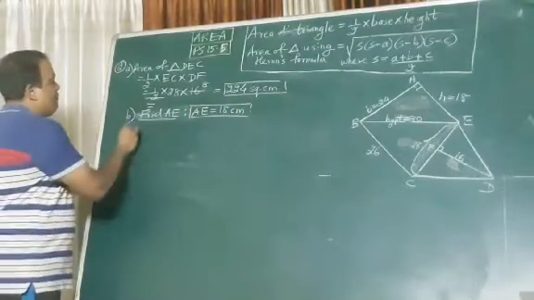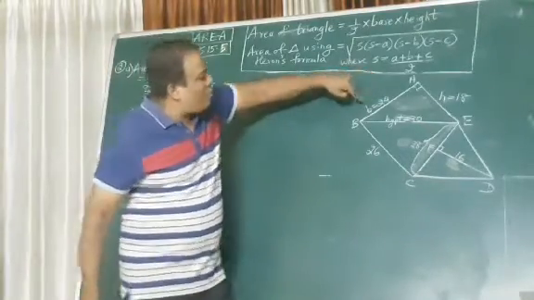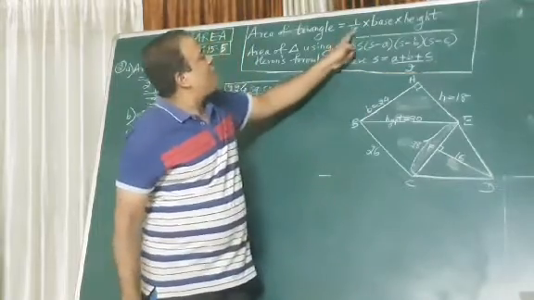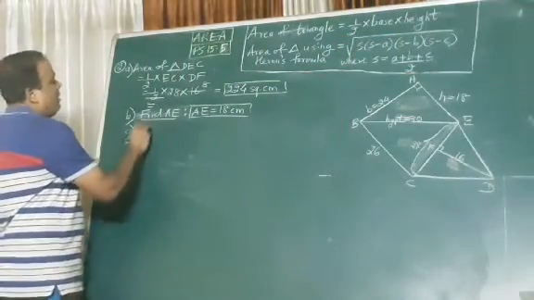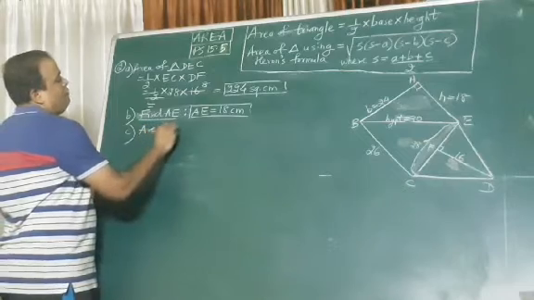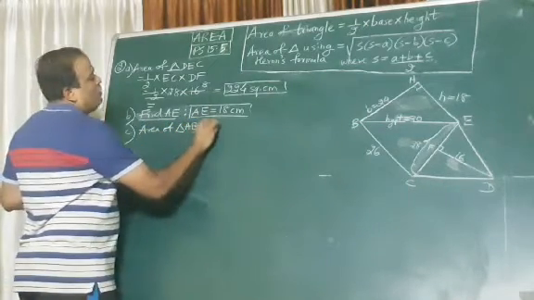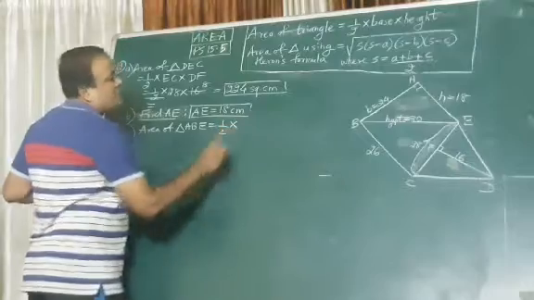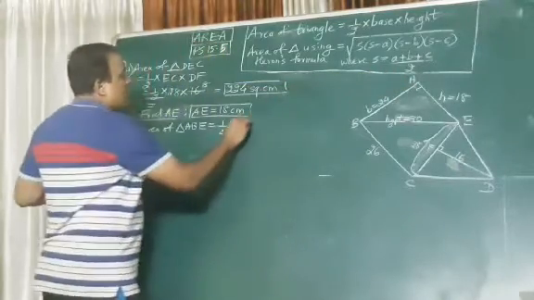Okay? Third one. Now I can get the area of this triangle because I know the base and I know the height. So I can use the formula, half into base into height. Understood? So the area of triangle ABE is half into base. Who is my base? My base is AB.